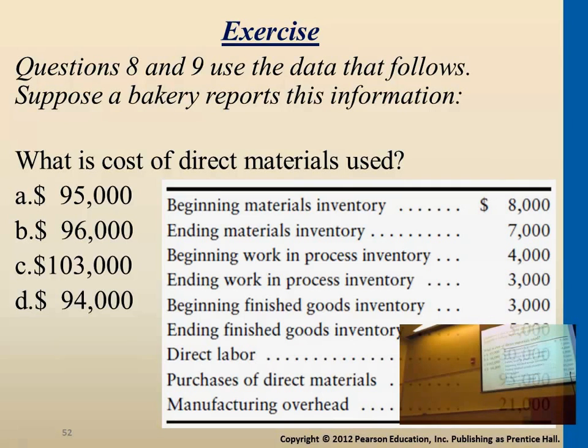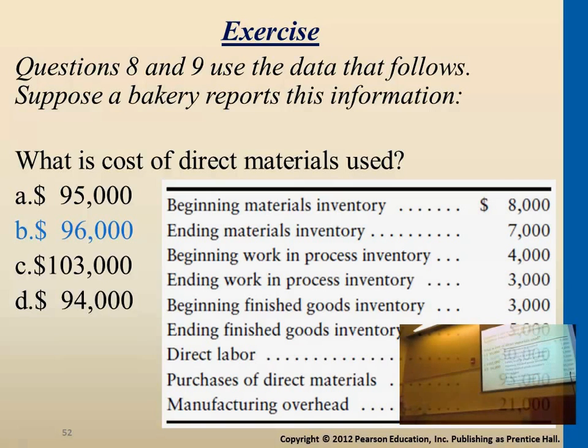How do you get B? Start from purchases of direct materials, plus beginning materials inventory, minus ending materials inventory. So purchases, we have $95,000, and beginning we have 8,000, and then minus ending materials, 7,000, so you got $96,000. Exactly.